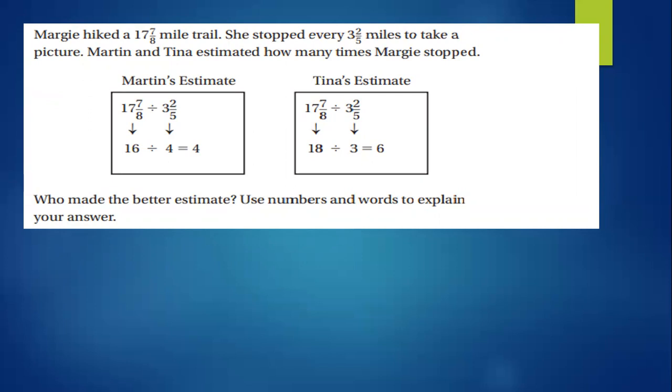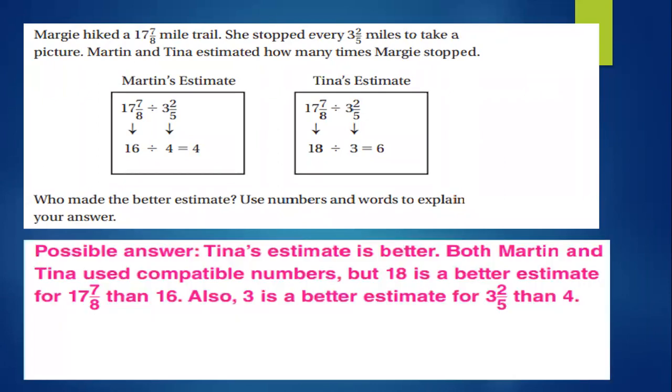And use numbers and words to explain your answer. So whom do you think has made the better estimate? Obviously Tina, because Martin has reduced it much. 17 he has reduced to 16, whereas Tina has rounded it up to 18. So Tina's estimate is better.